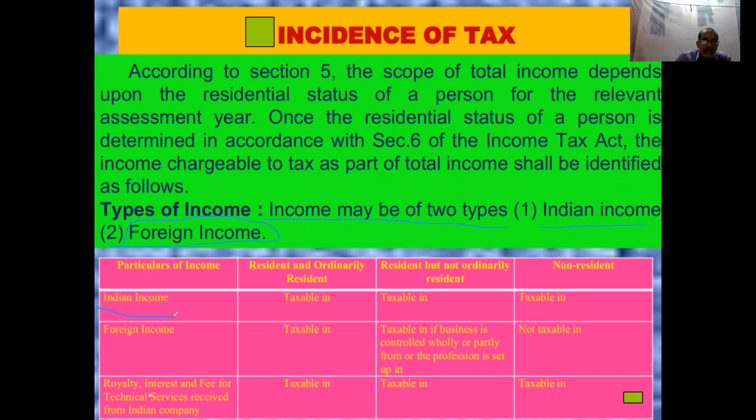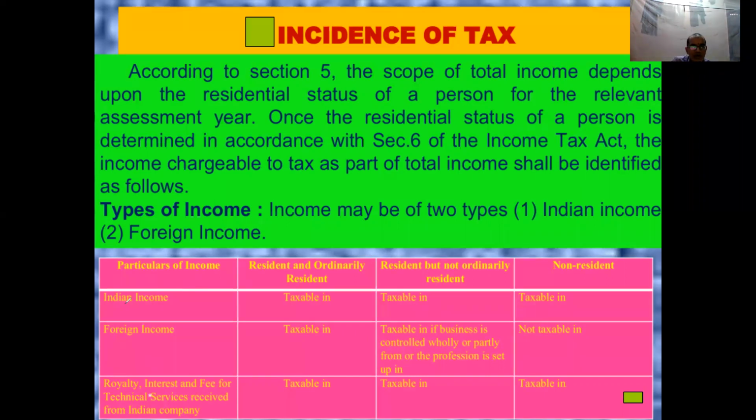Foreign income means those incomes which are earned by individuals in a foreign country. Other than Indian incomes, all are termed as foreign income. I am repeating, Indian income means the income earned in India. Secondly, if any company or organization's total control is situated in India only, that income is also deemed as Indian income. Did you understand? Is it clear?